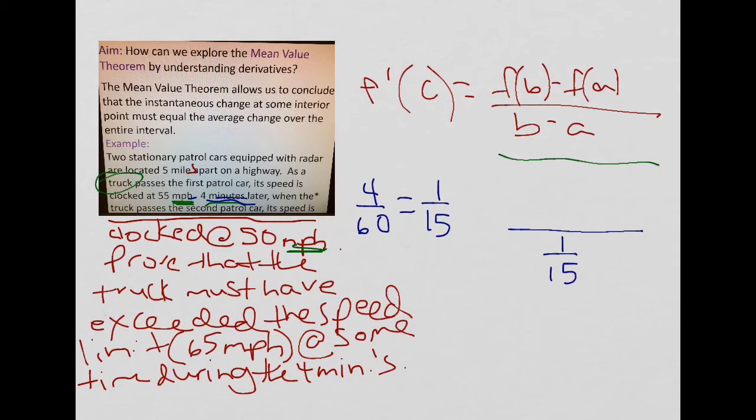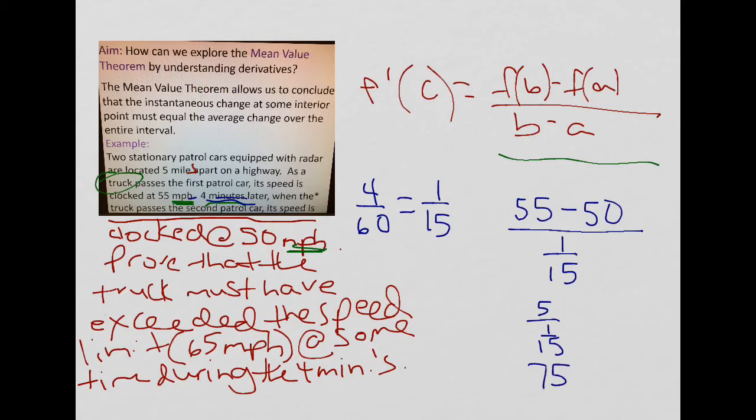For the truck, it was first traveling at 55 miles per hour, and then it was traveling 50 miles per hour. So we get 5 over 1 over 15, so it's 5 times 15, which is 75.